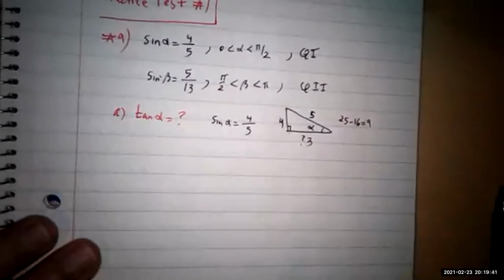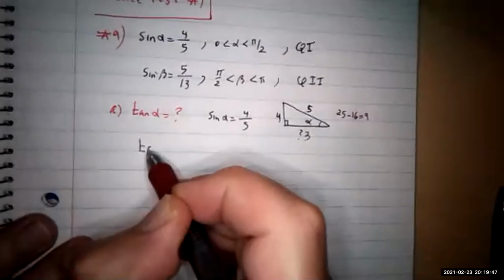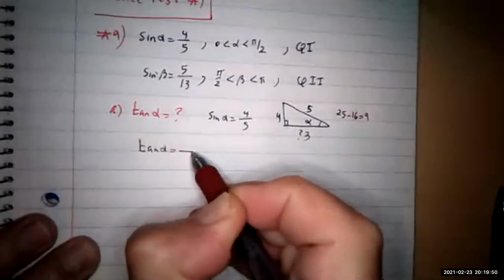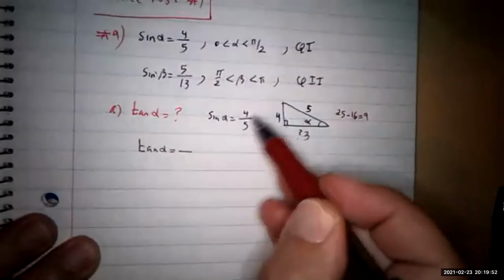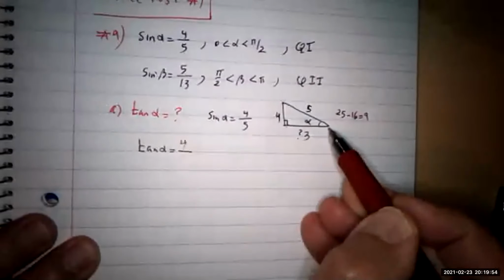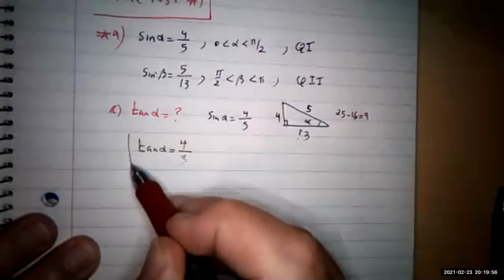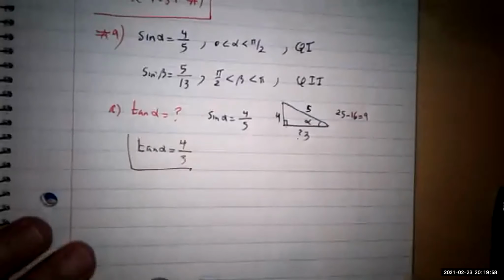So this number would be 3. You complete this triangle right away, automatically. Now we are ready to give you the tangent. So the tangent, in the first quadrant, is what? Opposite over adjacent. So this is going to be 4 over 3, yes. Any question?